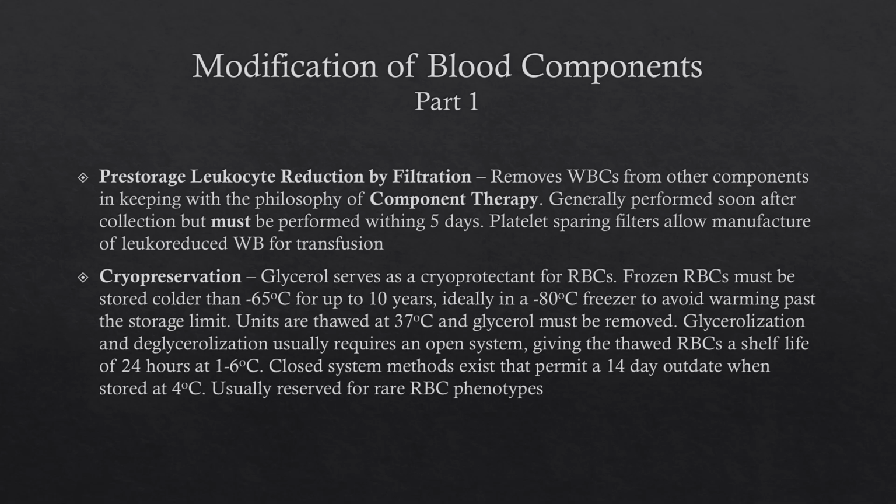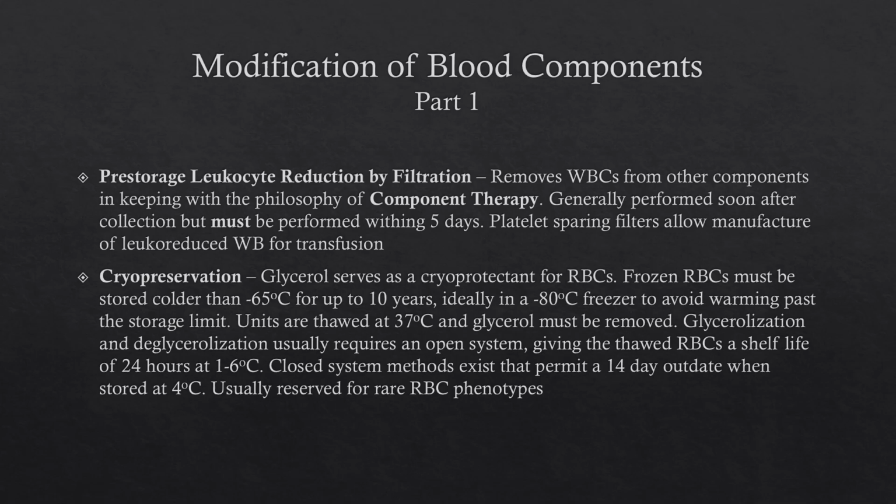Once an RBC unit is frozen, it can be stored for up to 10 years. It must remain below -65 Celsius. Usually this is done in a -80 freezer. That way, you don't get transient warming just by opening the door and raise the temperature above -65.